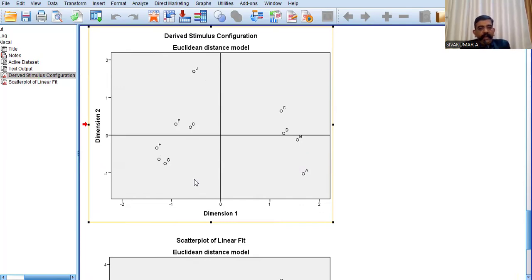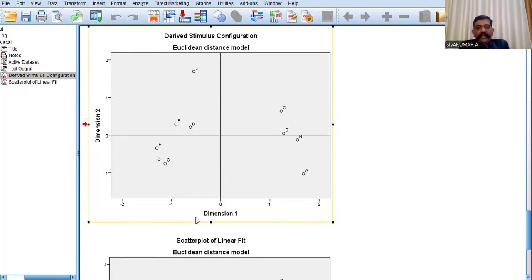Likewise, you can see J, F, Q values are closer. H, I, G objects are closer. You can see the closer objects, that is a cluster. Certain objects are formed in a cluster.